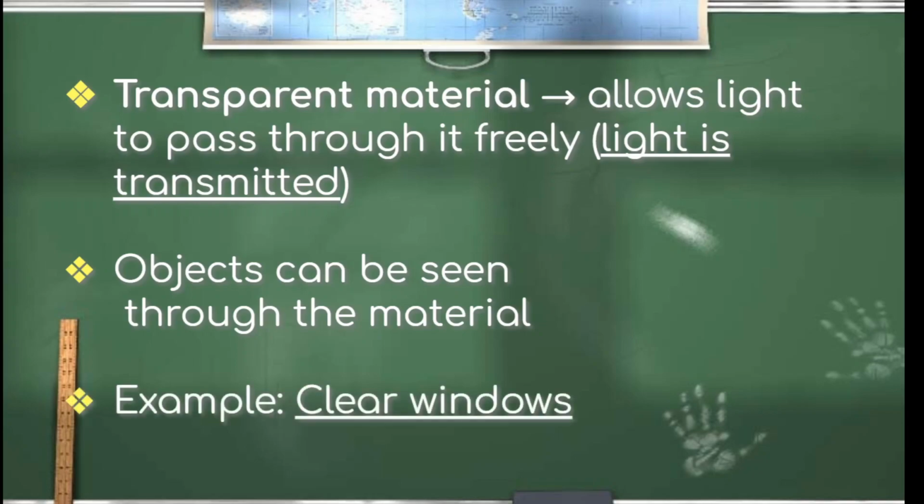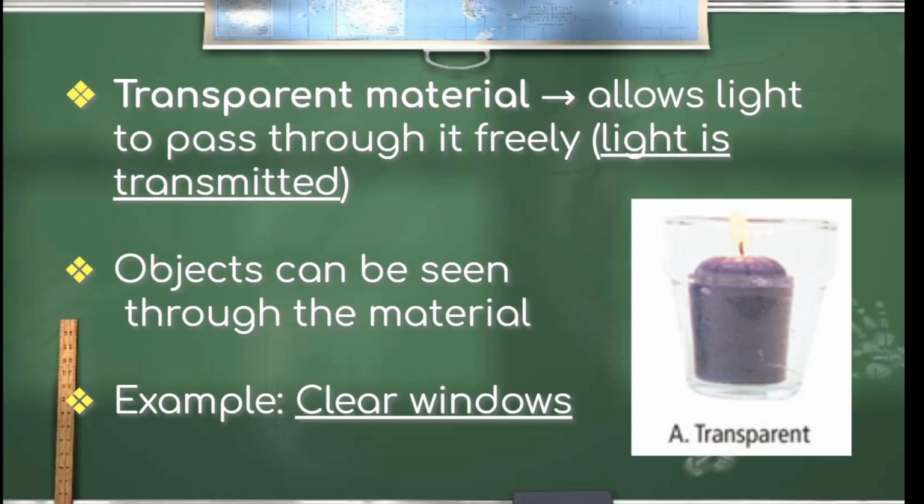So an example of this is clear windows, or glasses, or clear water. Right? The light goes through it so you can see what's on the other side, and you can basically see it perfectly. Despite refraction, which we'll talk about later, the idea is you can look at it and you can see what's on the other side and you can make out what's going on.